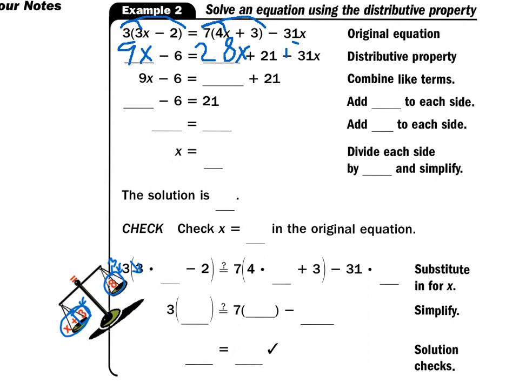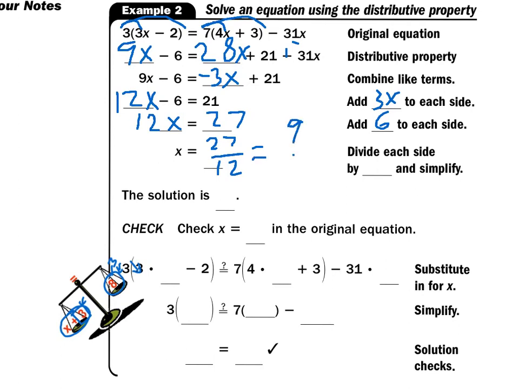So it's 28 plus negative 31. I get a negative 3x there. And now I'm going to add 3x to both sides. And I get 12x minus 6. And I add 6 and I get 27. So 12x equals 27, and I divide by 12 and I get 27 over 12, or 9/4.